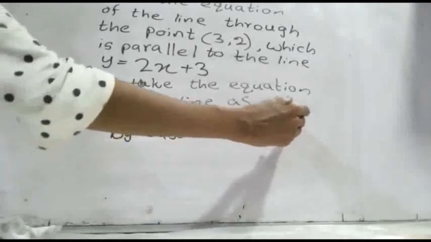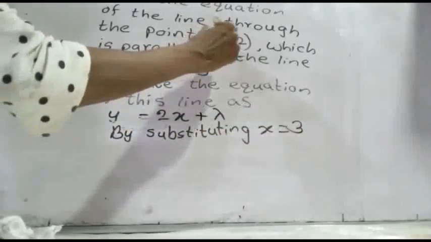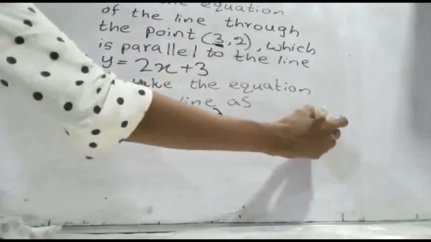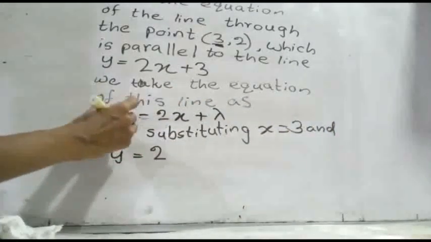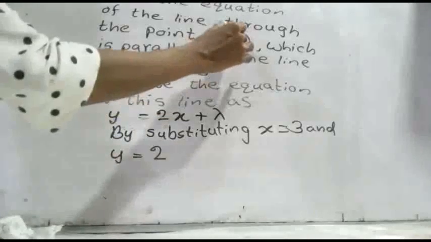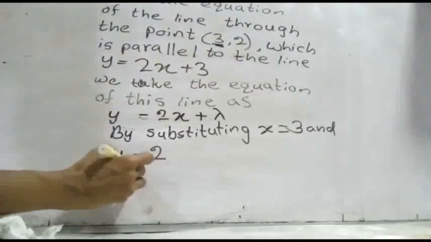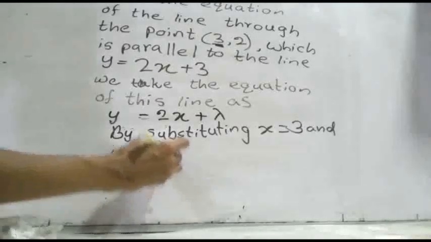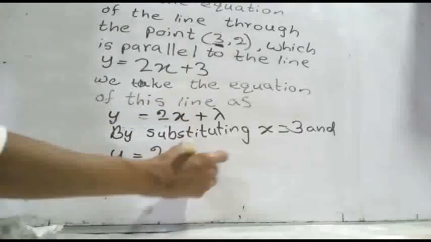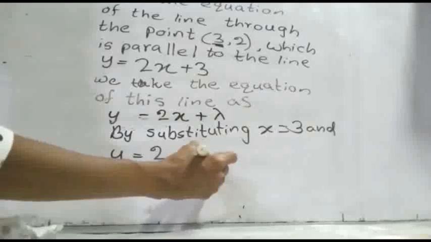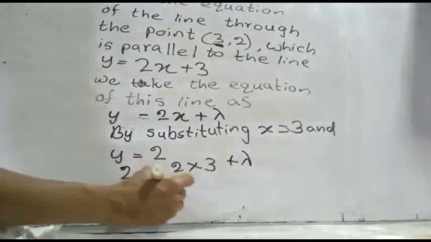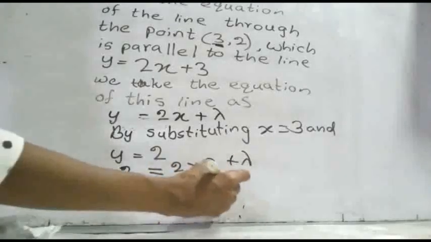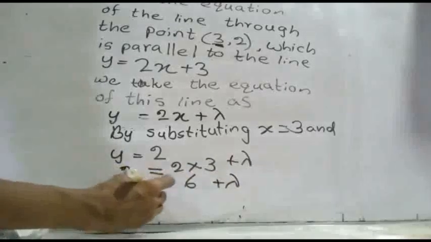Here the x coordinate is 3 and the y coordinate is 2. So y = 2 times x: 2 times 3 is 6, plus lambda, is equal to 2.